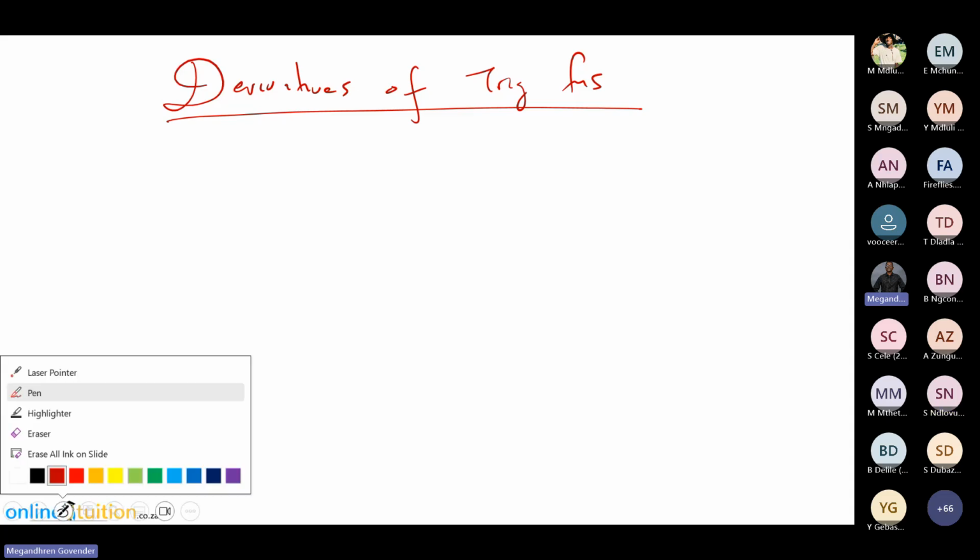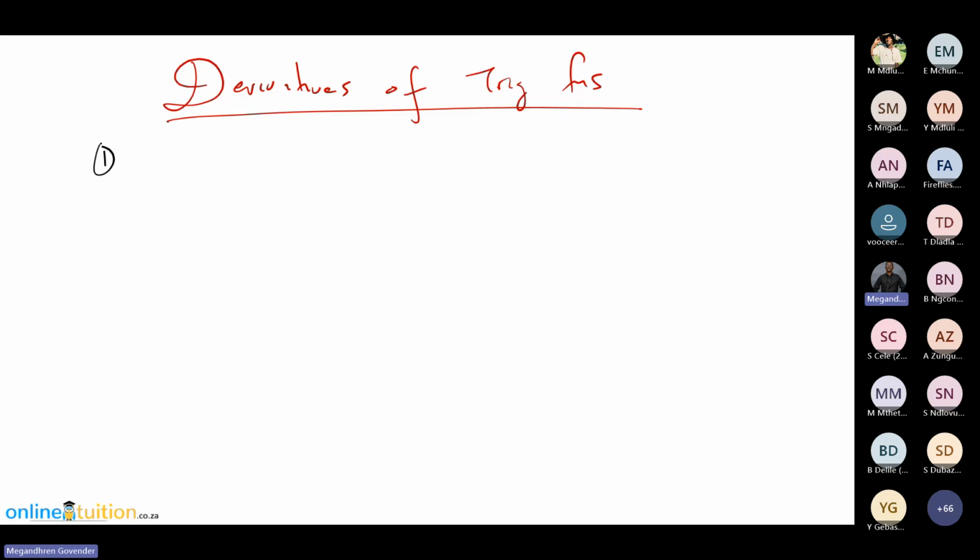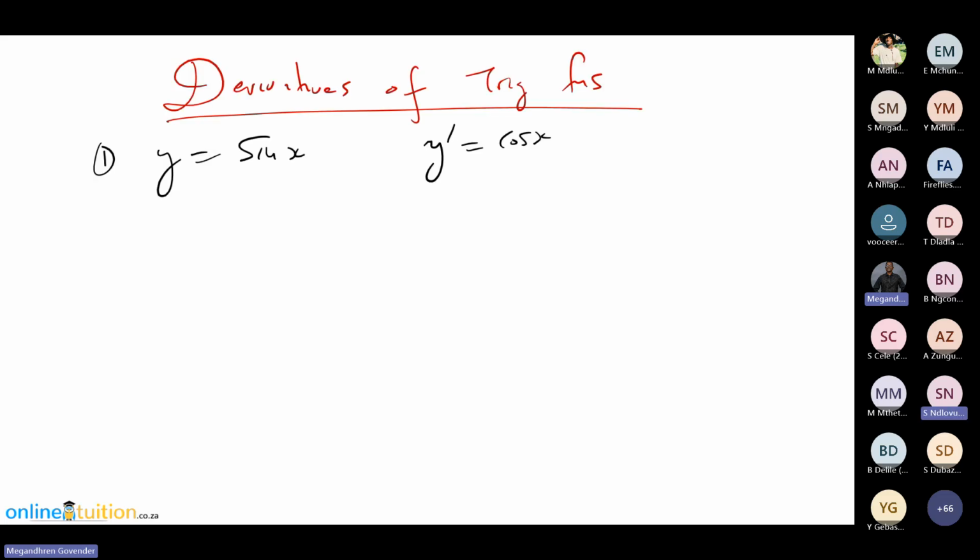Good question as well. So let's look at y equals sine x. The derivative of this function is cos x. So the derivative of sine x is cos x. Okay, so now watch. If I've got y equals cos x, then the derivative of cos x, here you've got to be careful, is minus sine x.